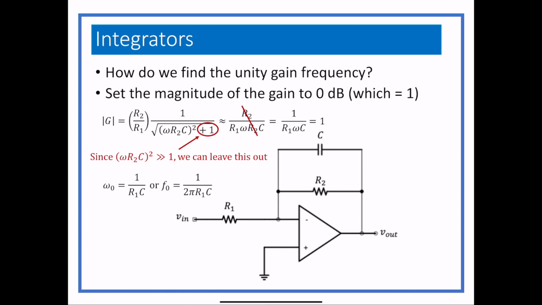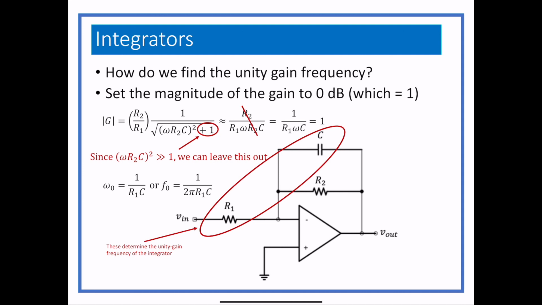We used one resistor for finding the break frequency, and we used the other one for finding the unity gain frequency. So the capacitor and resistor that are physically connected together determine the low or break frequency, and the other two determine the unity gain frequency.